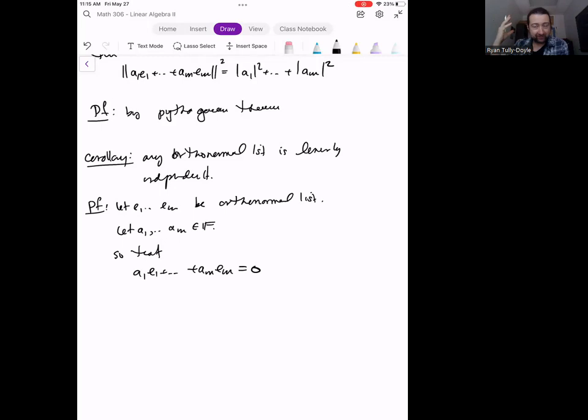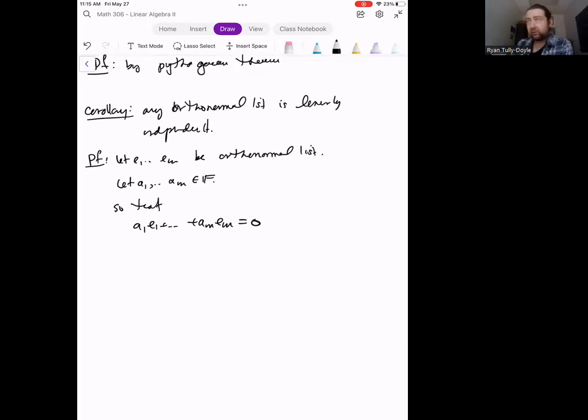And so we're just going to take the length of both sides. This is just the linear dependence equation, right? We're saying, let's assume that we've got some solution to the equation that makes the linear combination equal to the 0 vector.